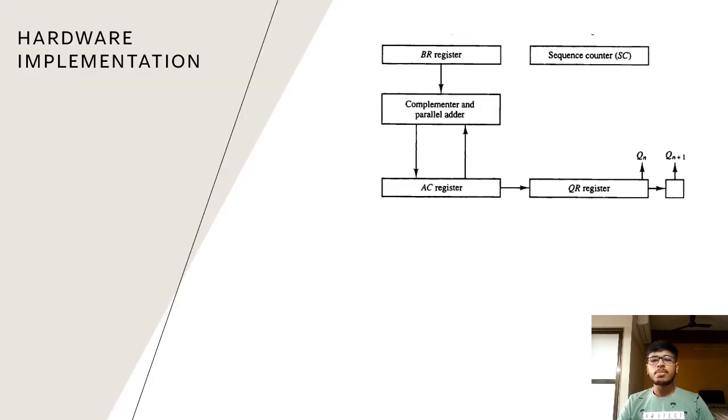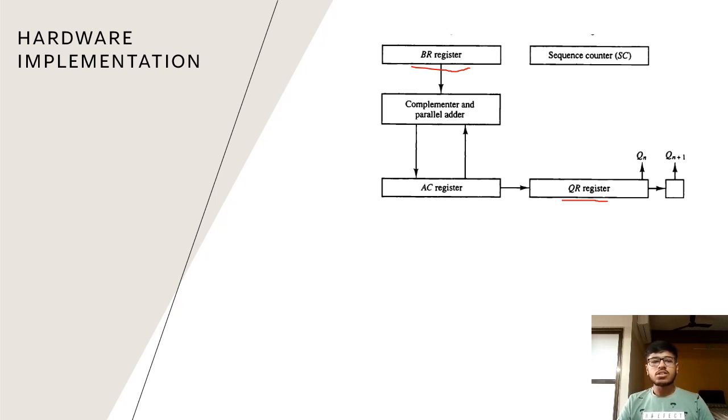Now we will see the hardware implementation of both algorithms. In both algorithms, there are two signed or unsigned integers. These integers are taken into BR and QR registers. The largest integer of both is taken as the BR register, and the smallest integer, taking out the sign, is in the QR register.